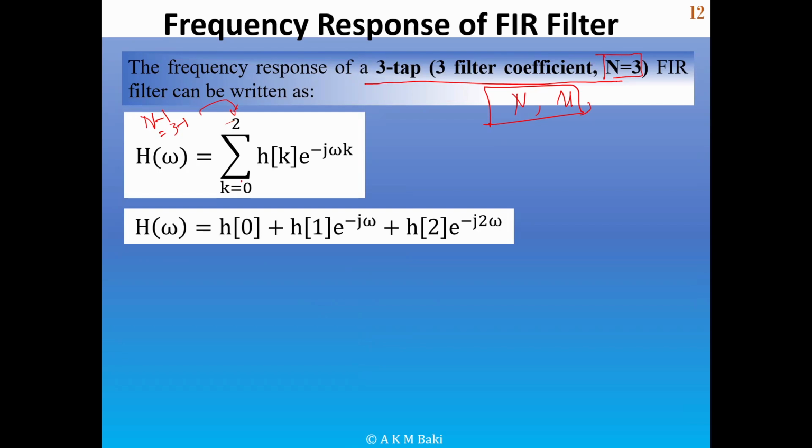We will start from 0 to 2. Now you can extend this part, assuming the values of k as 0, 1, 2. So there will be 3 terms. First term, since k is 0, is a of 0. Second term is a of 1 times e to the power minus j omega. Third term is a of 2 times e to the power minus j2 omega.